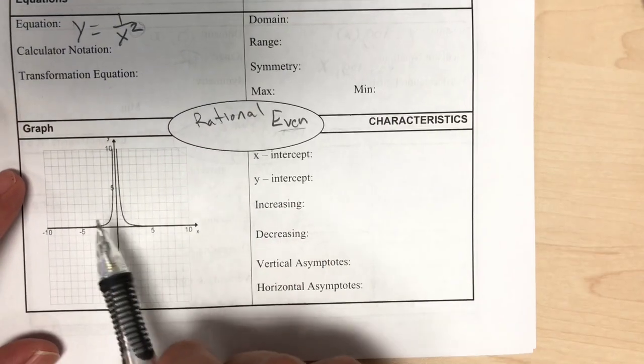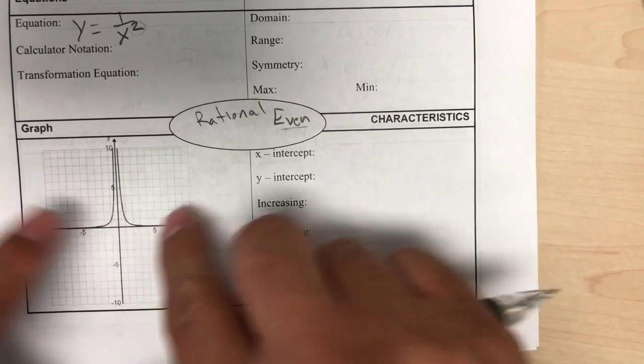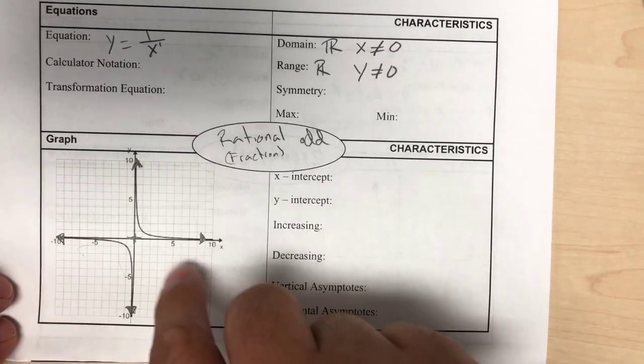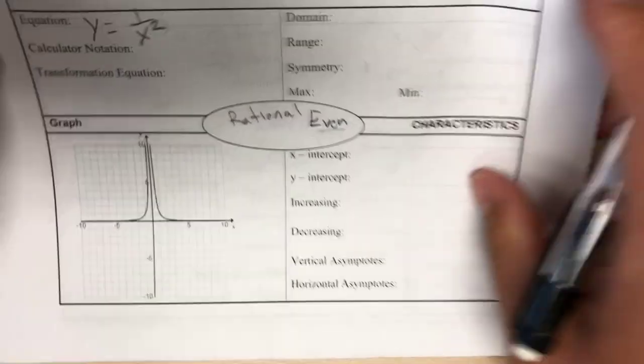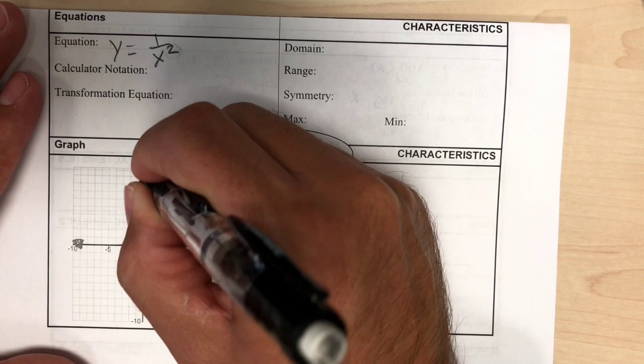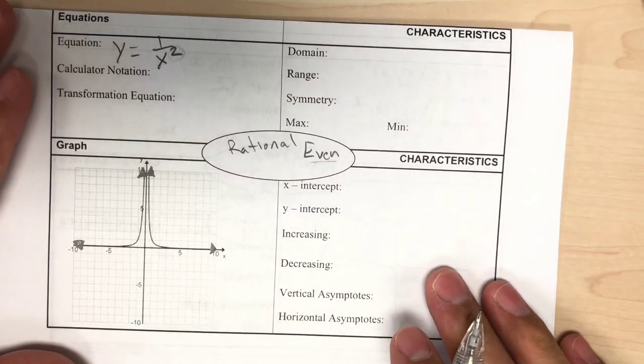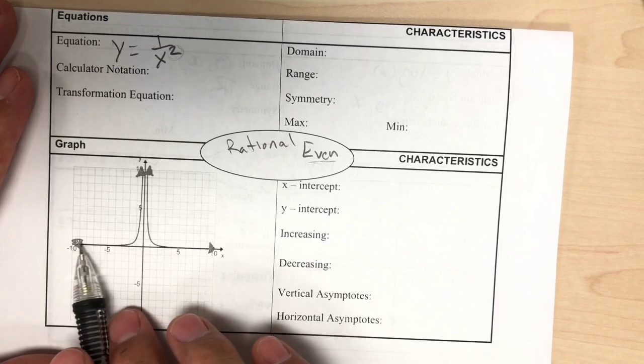So notice the difference in the graphs. An even, okay, kind of looks this way, and odd, it's kind of catty-corner from each other, okay? So arrow here, arrow there, and then arrow there. Okay, so domain and range.